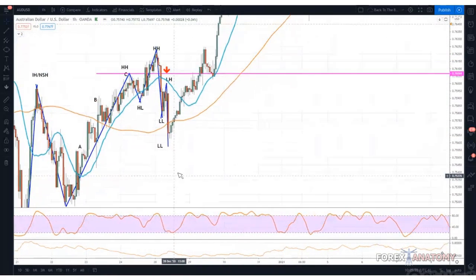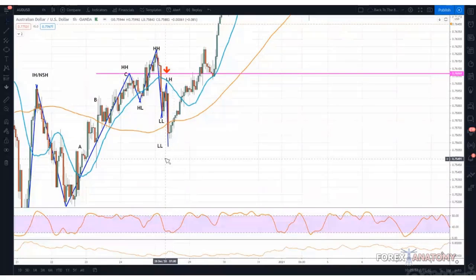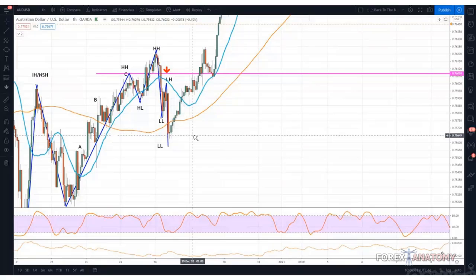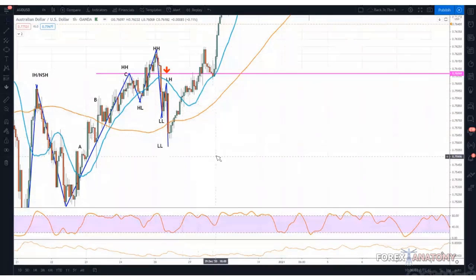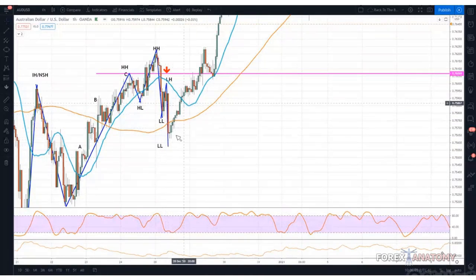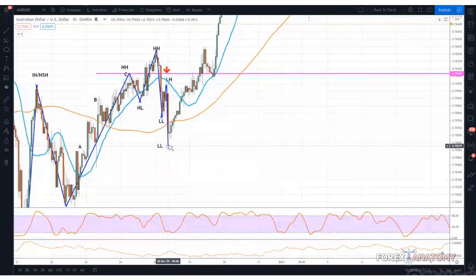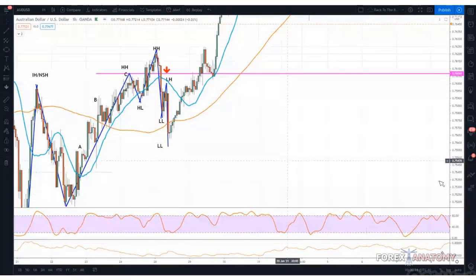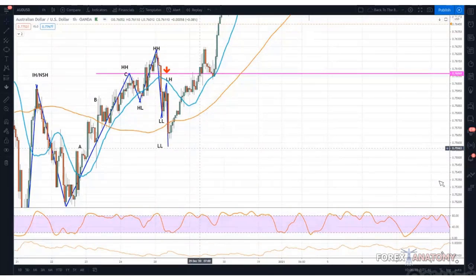Now, moving forward, do we get another lower high? Let me ask you guys that question. Moving forward, do we get another lower high on this chart after price formed this lower low? Yes or no? Yep, no, right?